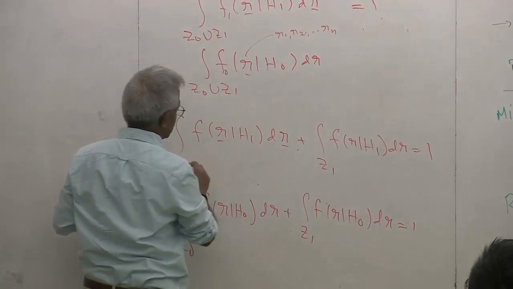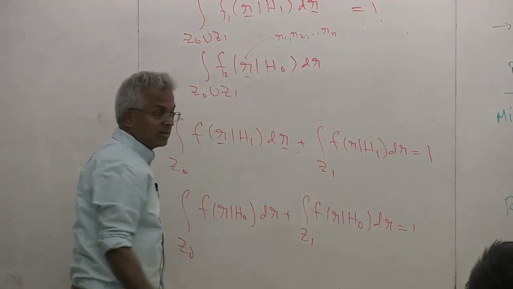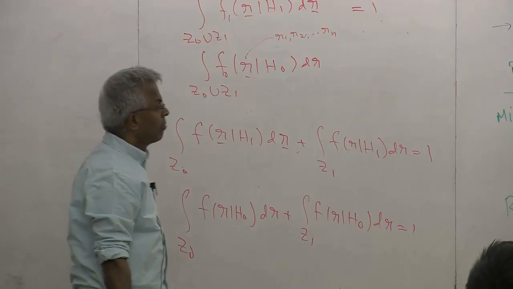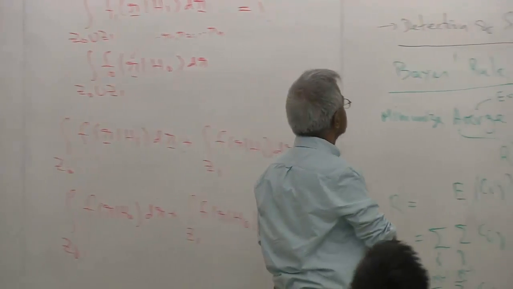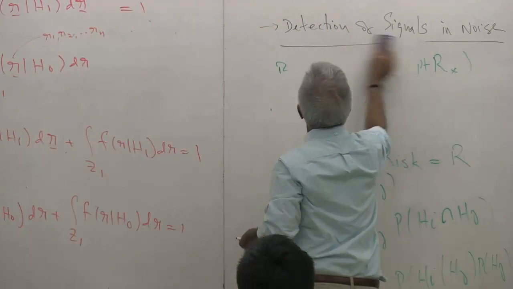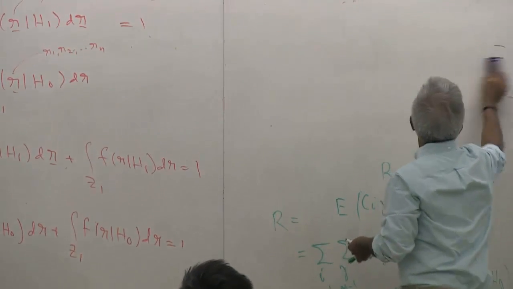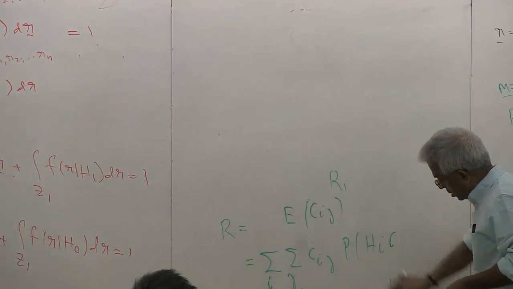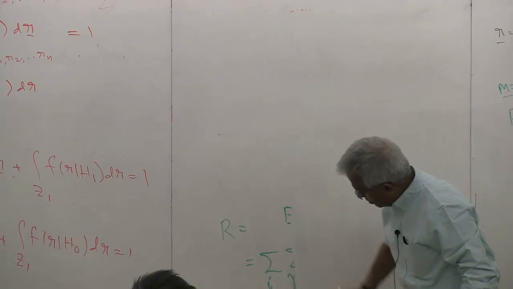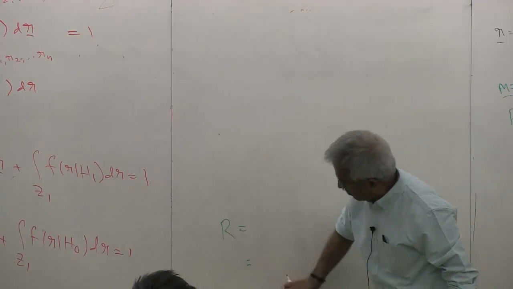So of course, if you want this term, that's 1 minus this, etc., right? Now you should begin to see how to compute those 4 terms.